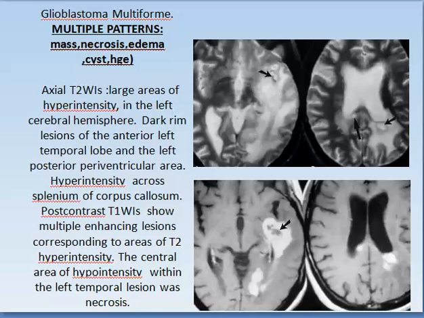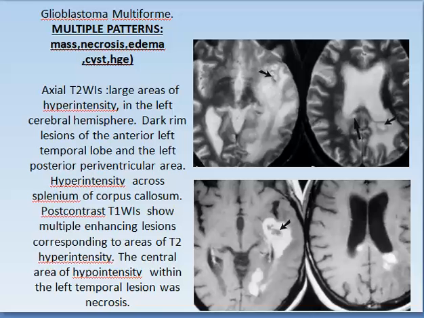Post contrast shows well the tumor mass crossing and shows multiple enhancing lesions corresponding to the areas of T2 hyperintensity, and this one here is seen as hypointense. The central area of hypointensity within the left temporal lesion was necrosis.